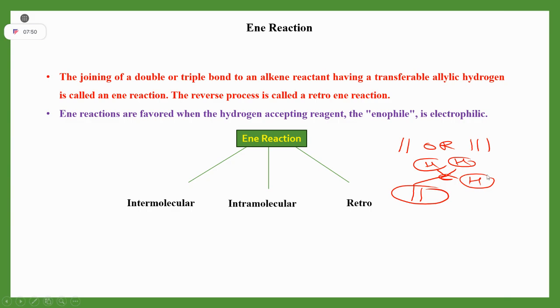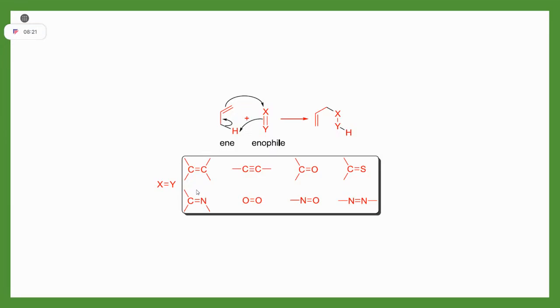The moiety having allylic hydrogen is known as the ene, and the moiety onto which the hydrogen is going to attach in the ene reaction is known as the enophile. As the name suggests, your enophile should be electron deficient, right? The ene reaction can be of three types: intermolecular, intramolecular, retro. One by one, we are going to cover these reactions.